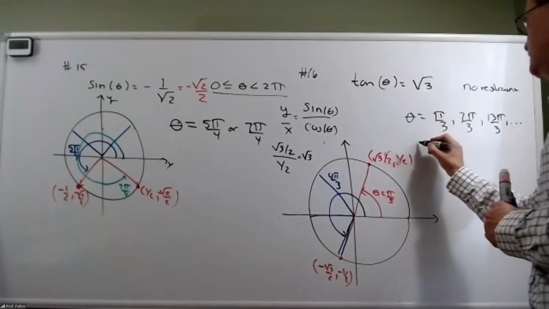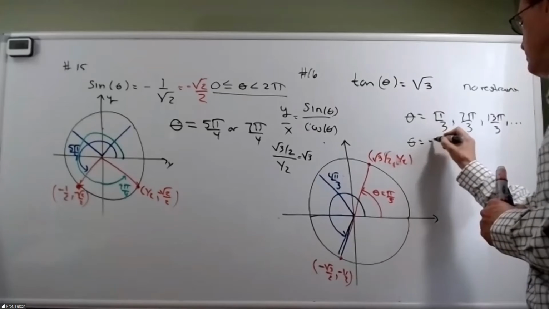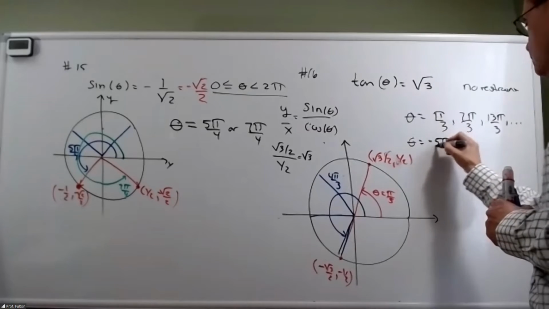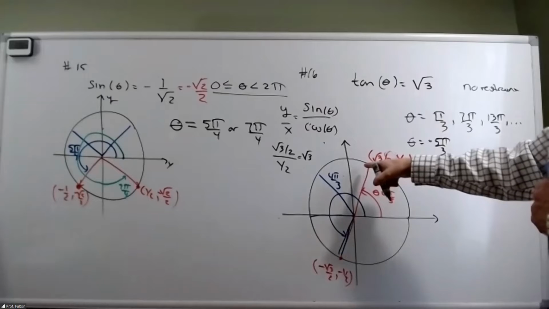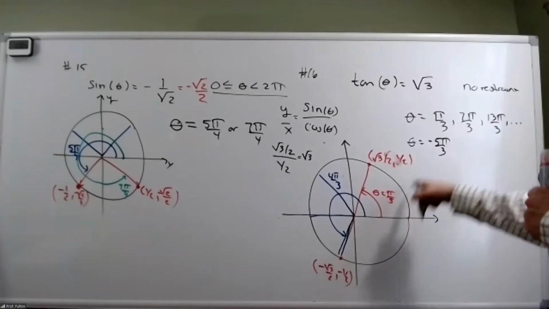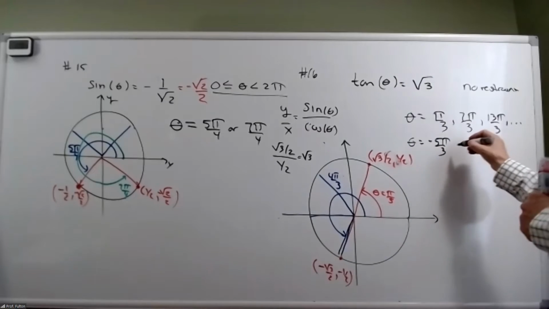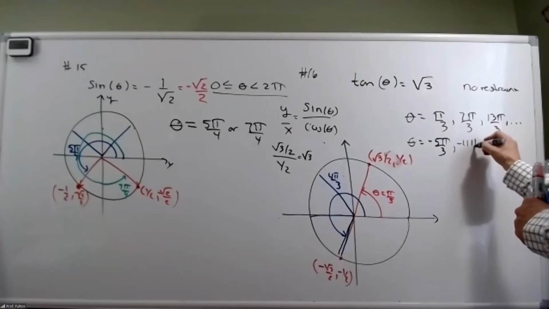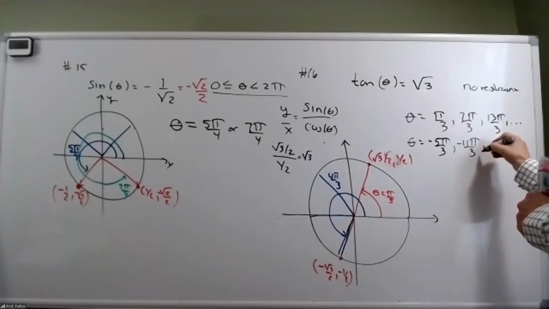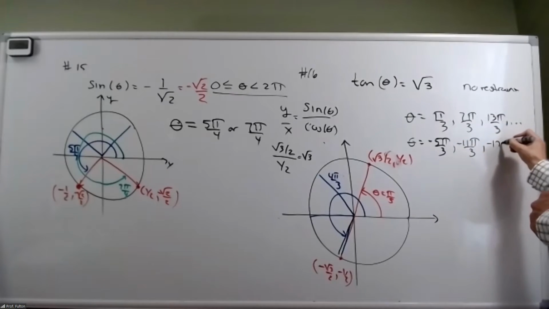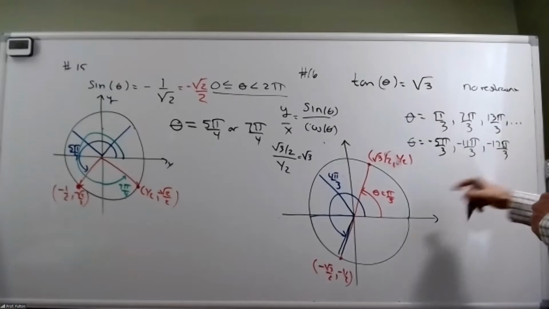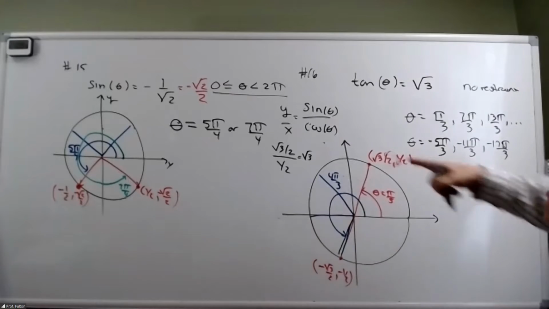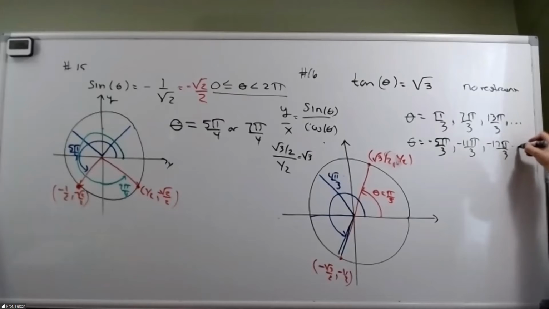So I could have theta equal to minus 5 pi over 3. And I could keep going around another 2 pi, which is subtracting another 6 pi over 3. So minus 11 pi over 3. Another 6 from that is minus 17 pi over 3. These are coming from just that one value there, dot, dot, dot.